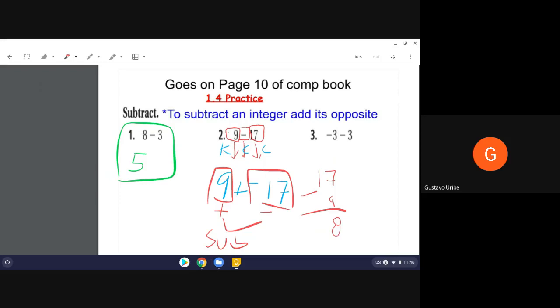Okay, this is 8. And I'm going to keep the sign of the bigger number. The bigger number is 17, and 17 was a negative. So remember, we knew from the beginning our answer was going to be a negative answer because you all told me or thought that you cannot take 17 away from 9. So because you had that thought, you have to think, well, that must mean my answer has to be negative because we can do this.